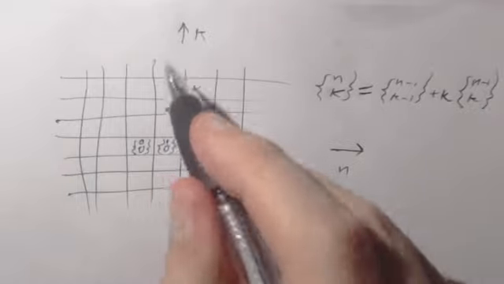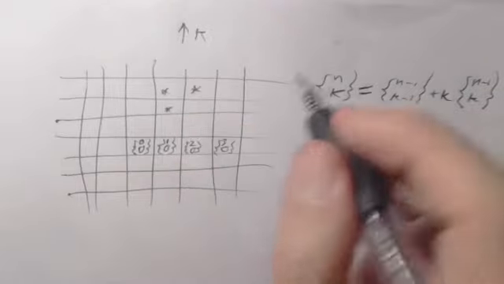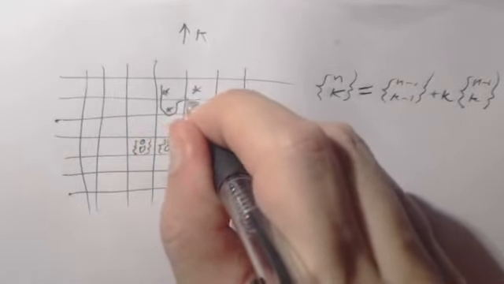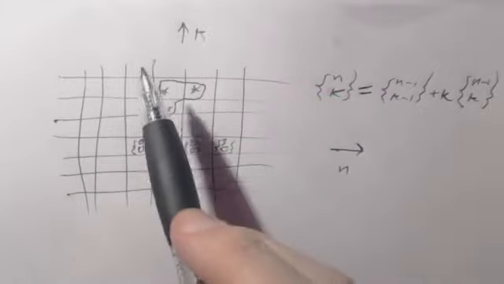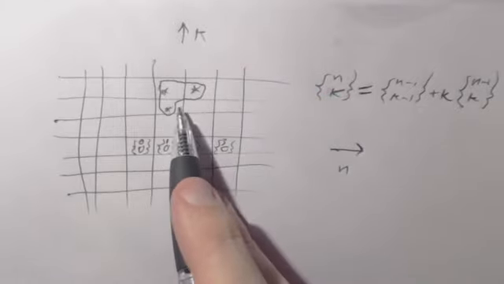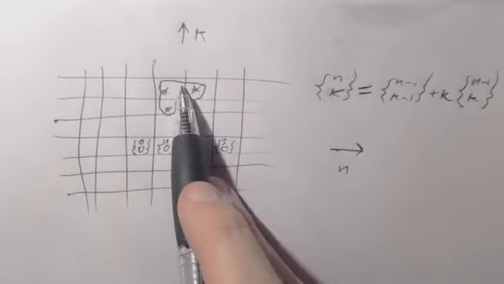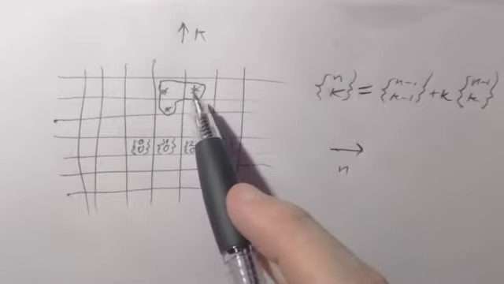So that would be this one here. So we have this triangular shape, and everything inside this triangular shape, they all satisfy a linear equation.